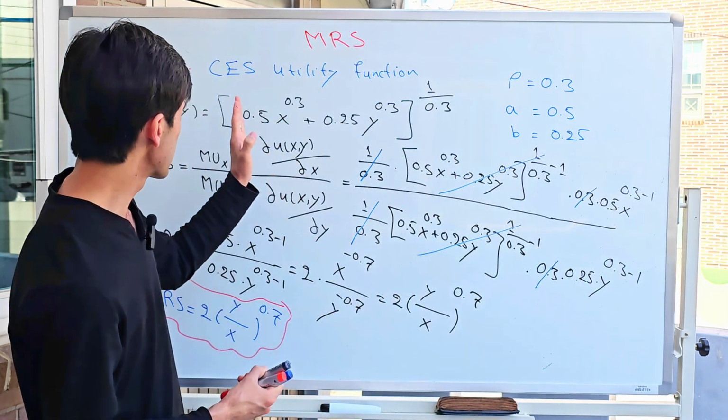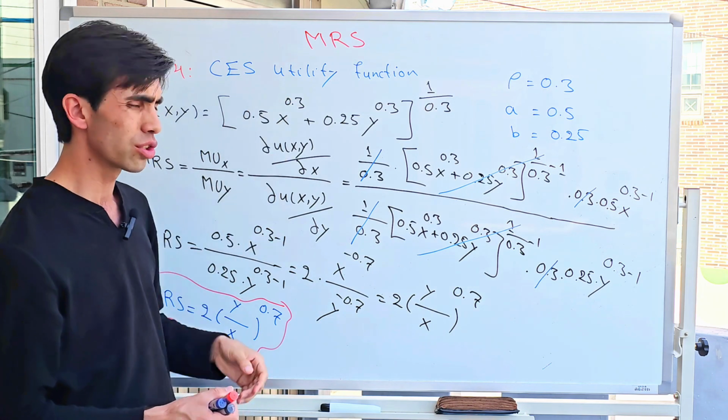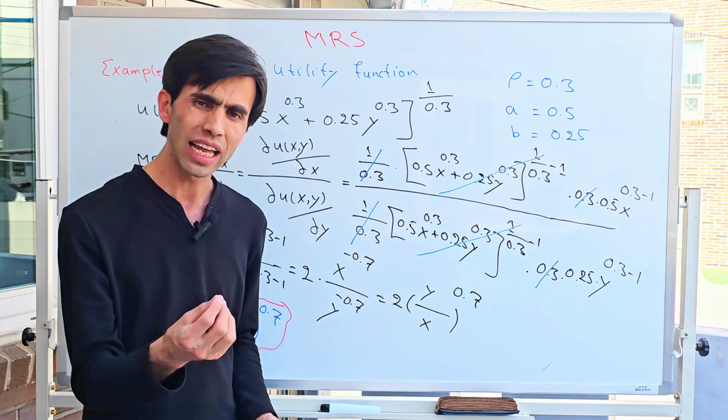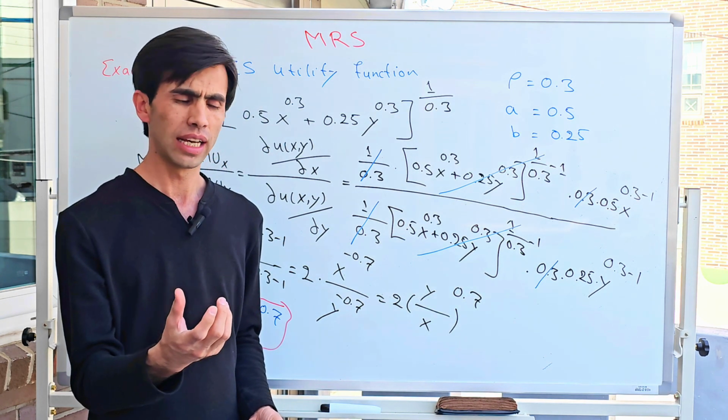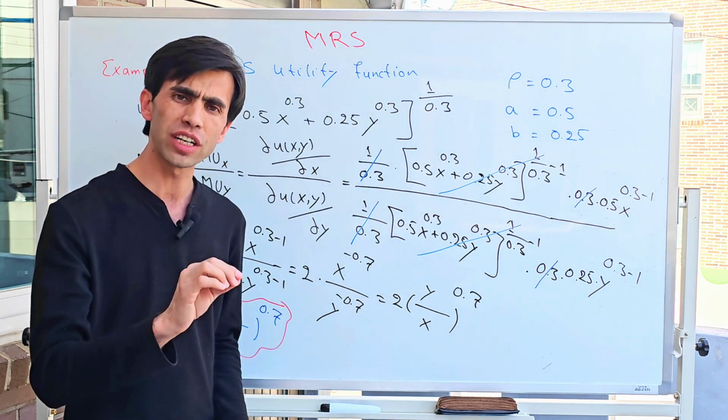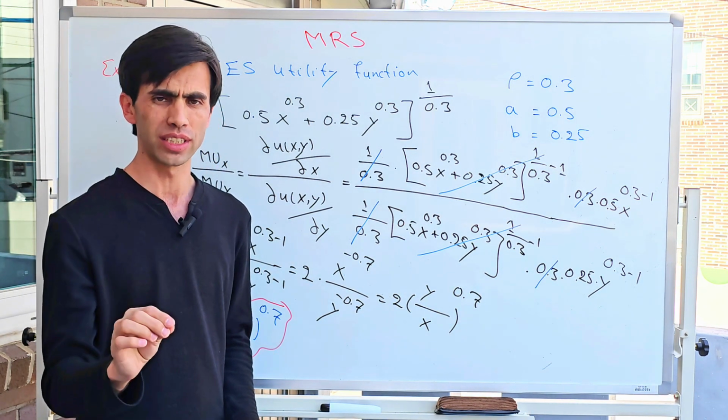Why? Because the indifference curve for the CES utility function is not linear. When we have a non-linear function, the marginal rate of substitution will be different at different points of the indifference curve.